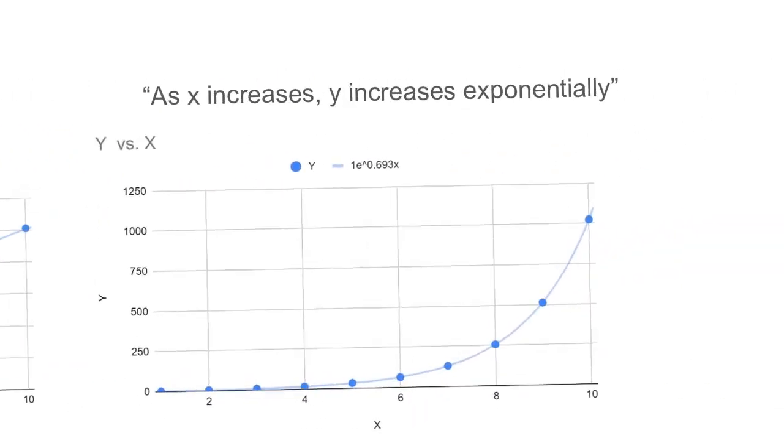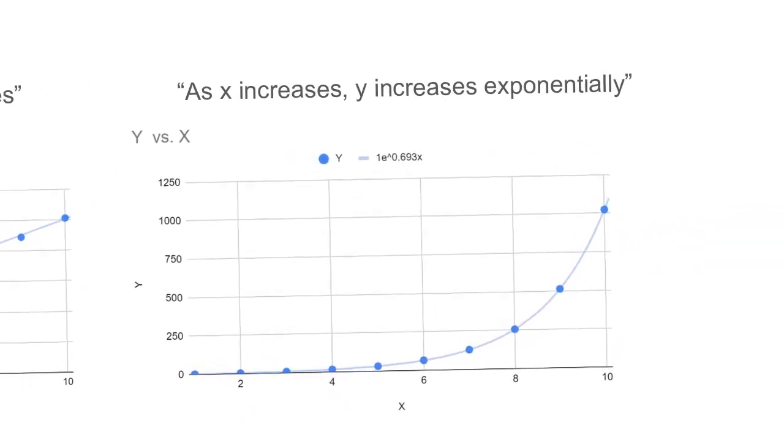And we can also see a different type of relationship. We can see that as x increases, y increases exponentially. Right here, we're not getting a whole lot of change for every value of x, but as x increases, our y is changing more and more. We go from right here to right there. This one we go here and go there, and then here is our change that we're having.